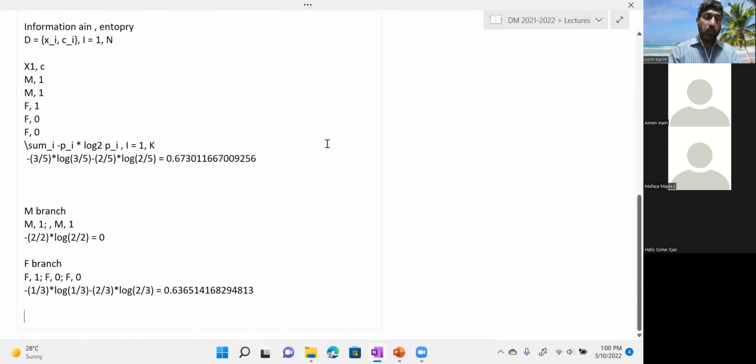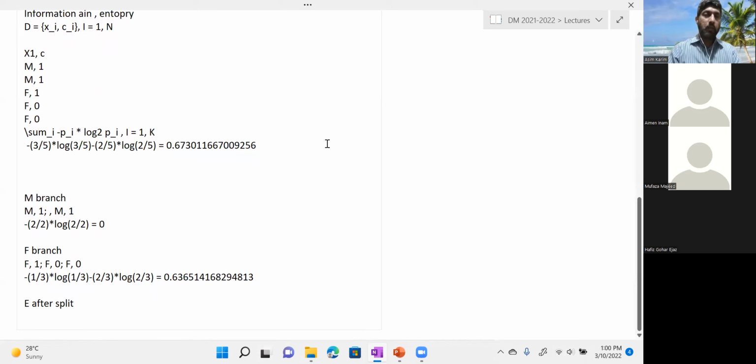So we need to compute the entropy after the split, because there are now two splits, in a weighted fashion, because the left split had 2 examples and the right one had 3 examples. So weighted entropy. If you look at the left split, the male split, it had 2 examples.